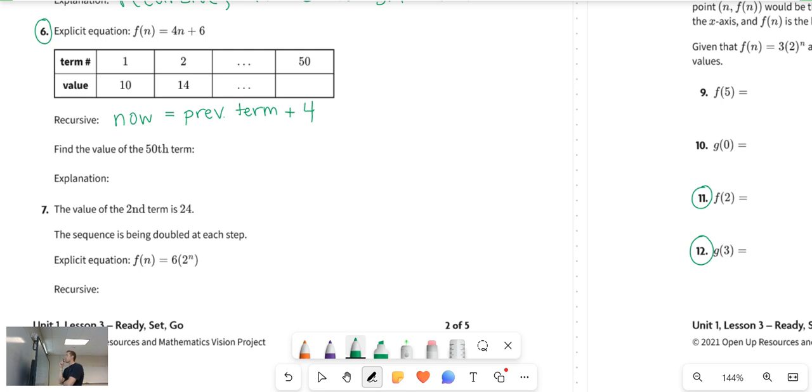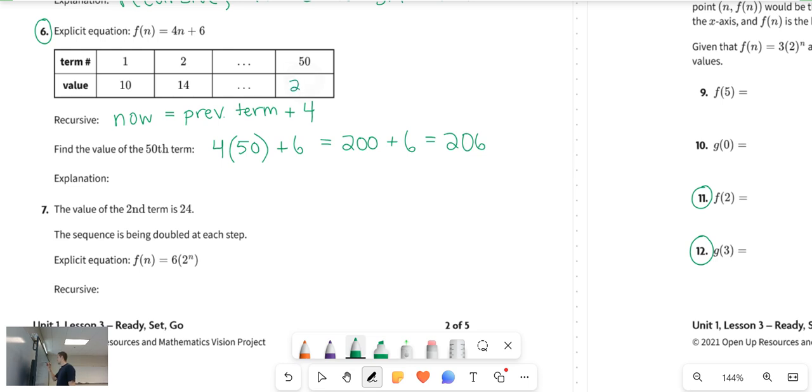Find the value of the 50th term. Well, we don't know what the previous term was. We don't know what the 49th term was, so we can't use our recursive. But we can use the explicit 4n plus 6. If we know that n is 50, 4 times 50 plus 6 should give us 206. 200 is the 4 times 50, and then plus 6 should be 206.